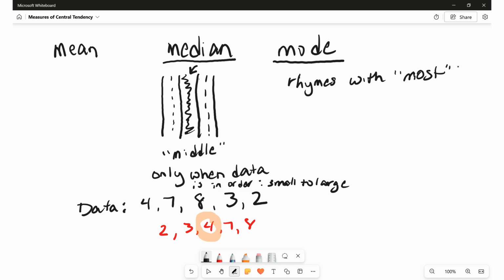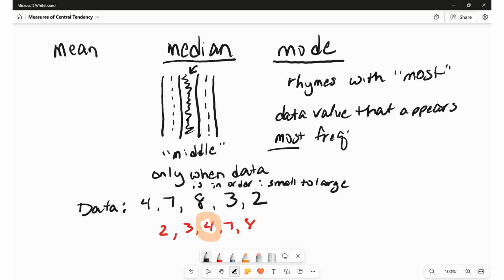So the mode is the data value that appears most frequently. In the data set that we started with here, there is no mode.